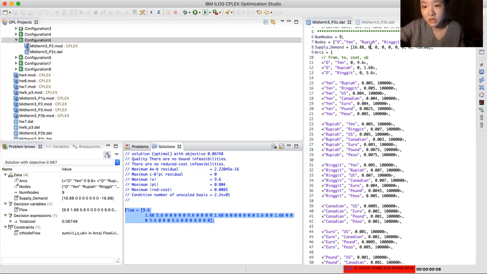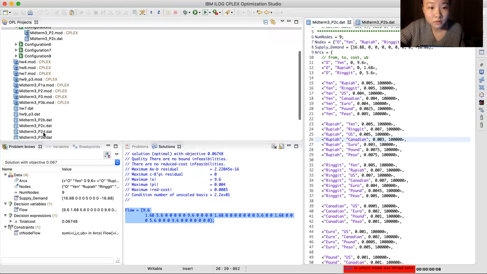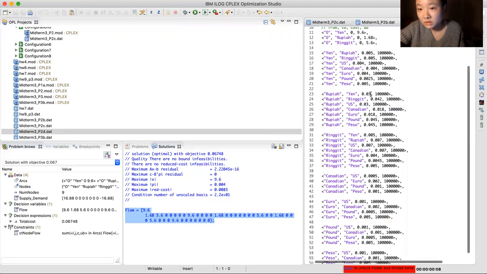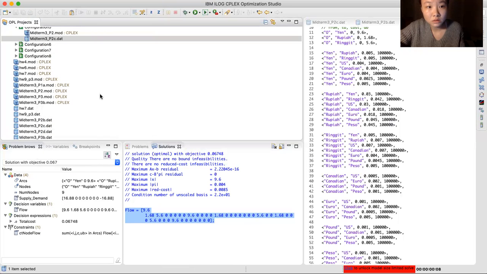That means you need to change the cost here by times 6, as you can see from D. So this is the new cost percentage that I've changed, and we can run this.